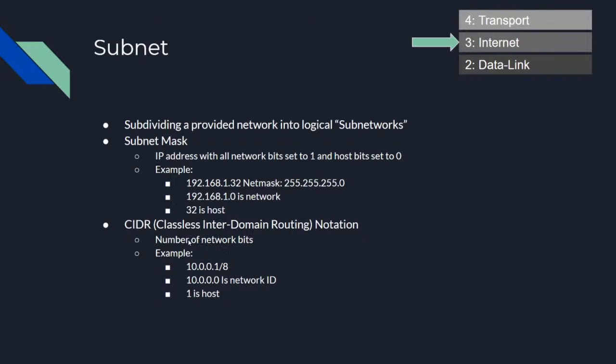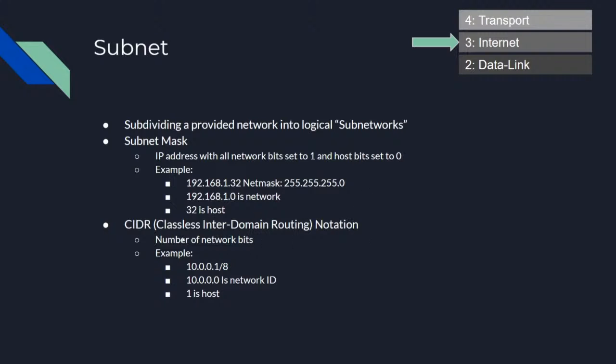And then we also have CIDR, or classless inter-domain routing notation, because the subnet mask, yeah, it's useful, but it's really long. I don't want to type out 255.255.255.0 every time I'm configuring a network interface if I'm statically configuring things.